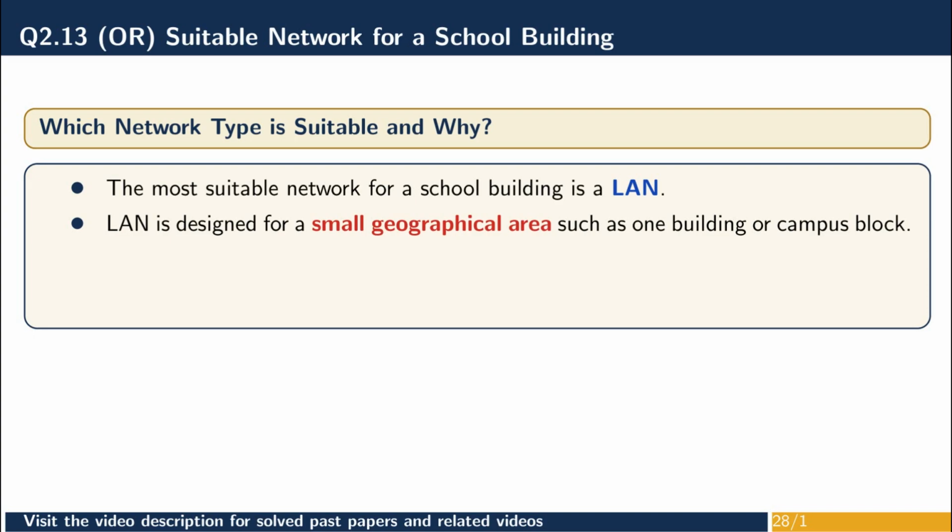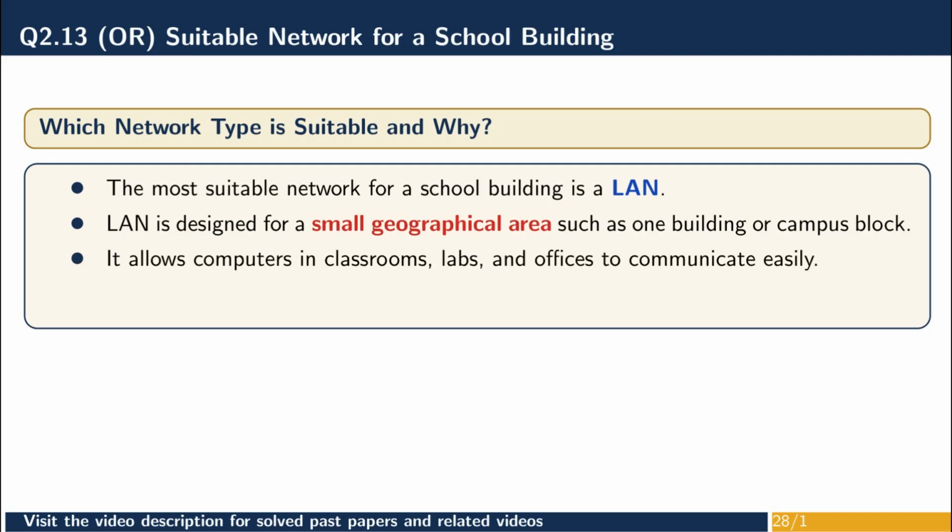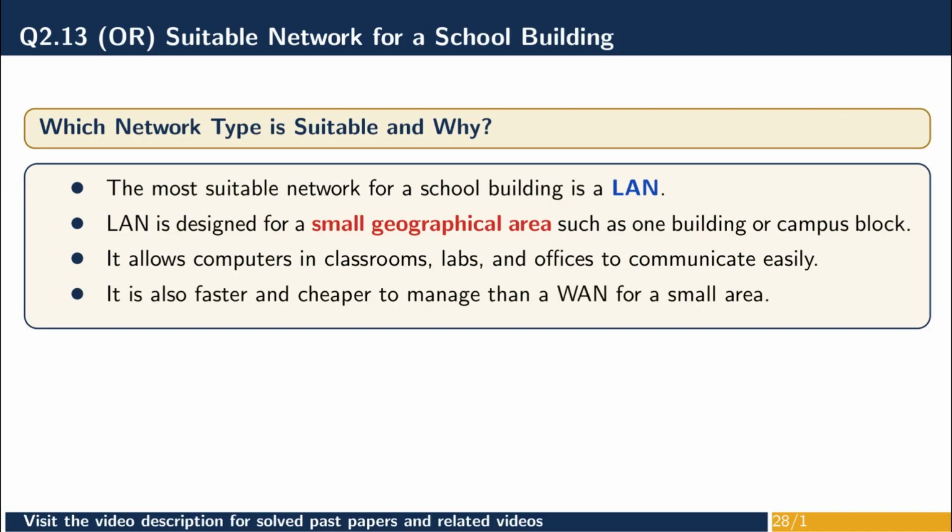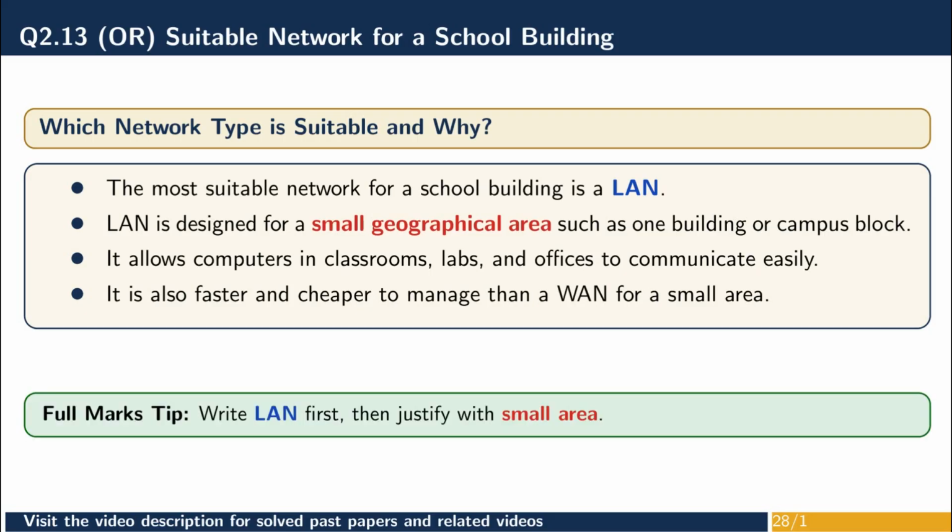LAN is designed for a small geographical area such as one building or a campus. It allows computers in classrooms, labs, and offices to communicate easily. It is also faster and cheaper to manage than a WAN for a small area. Full marks tip: write LAN first, then justify with small area.